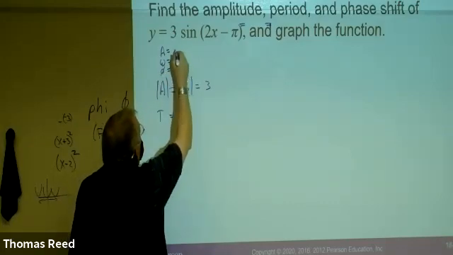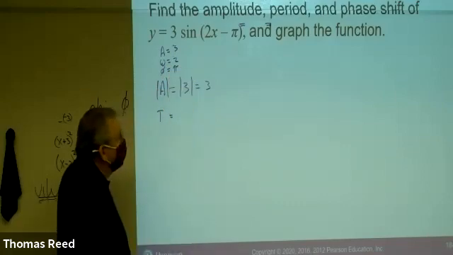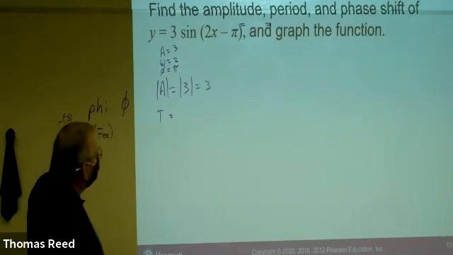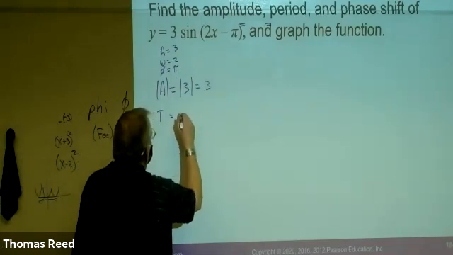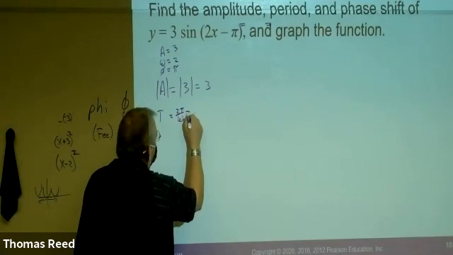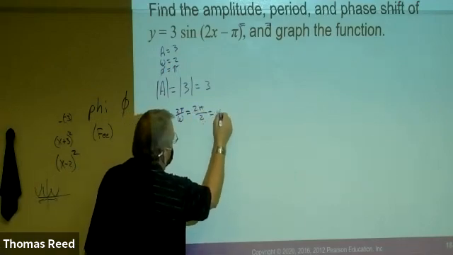A is 3, omega is 2, and phi is pi. So the period is 2 pi over omega, which is 2 pi over 2, which is pi.